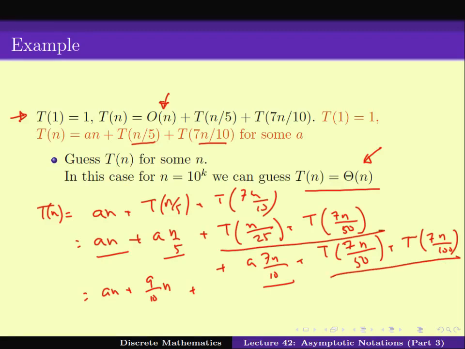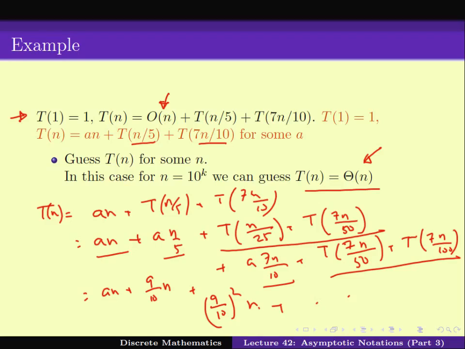Now if you expand it once more, what you will see is that I am getting some term like (9n/10) whole square. In fact, I should get exactly that, plus something, after you expand it the second time.